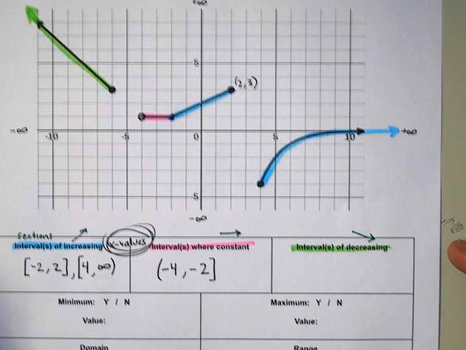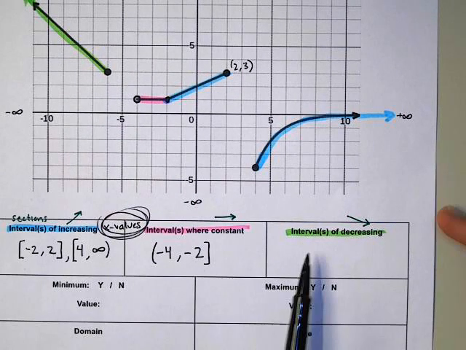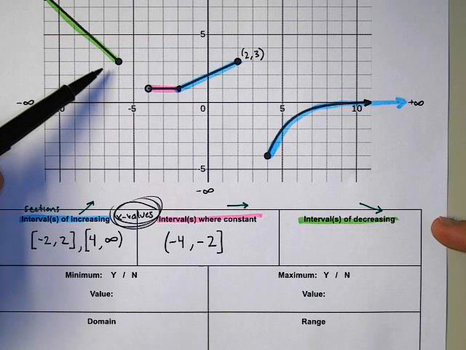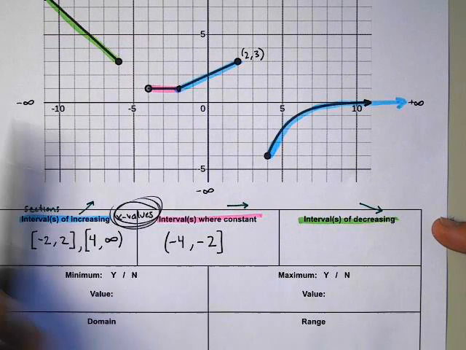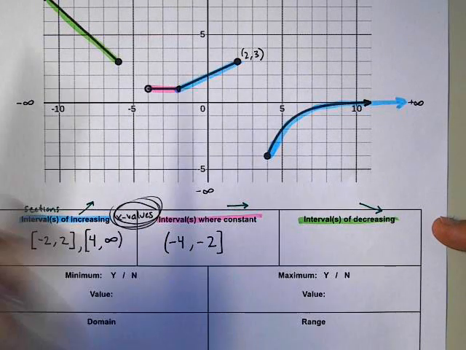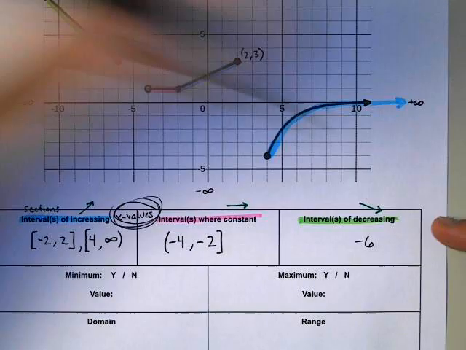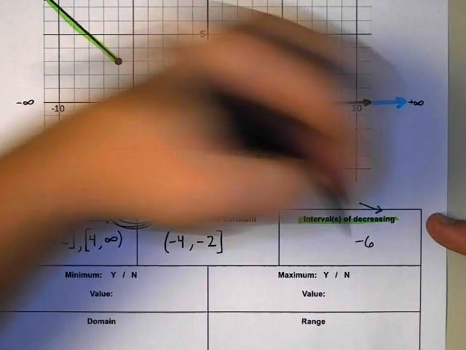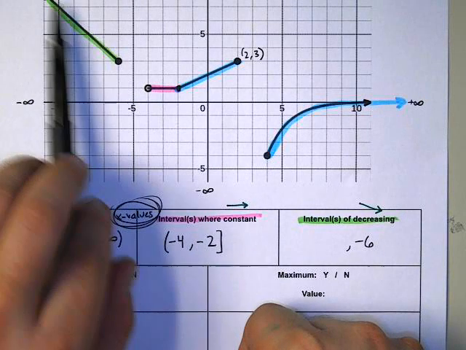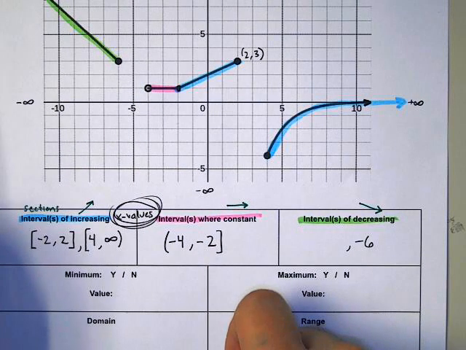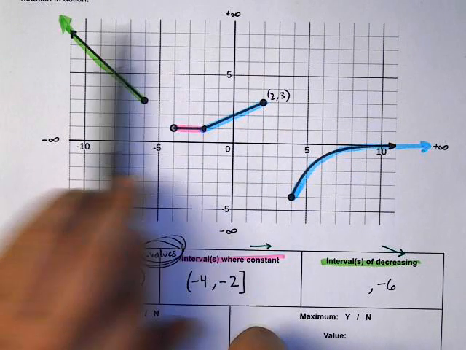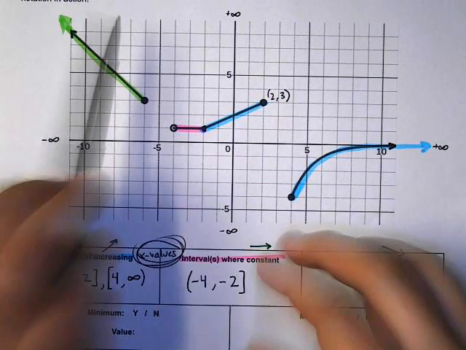Okay, last section. Interval of decreasing. Okay, I'm going to start with the easy one. I know my upper x value. My upper x value is -6. So I'm going to put in -6 as my upper boundary. But I know I need to find the lower boundary. Now let's take a look. Oh, it's going to the left forever. So what did we say when it has that idea of going on and on off my grid, even though my grid keeps going forever and ever?